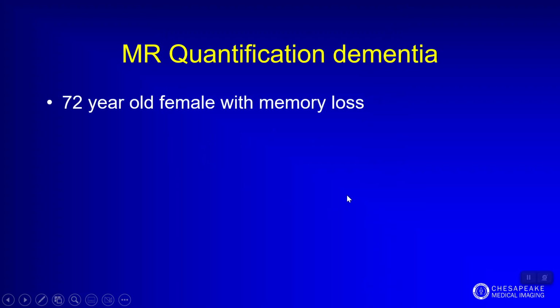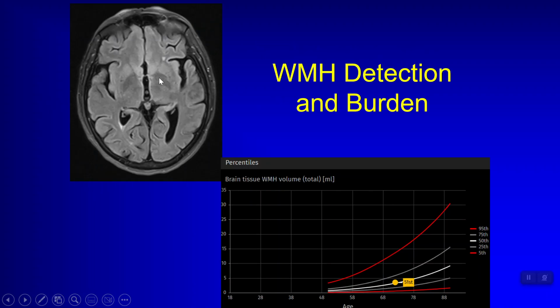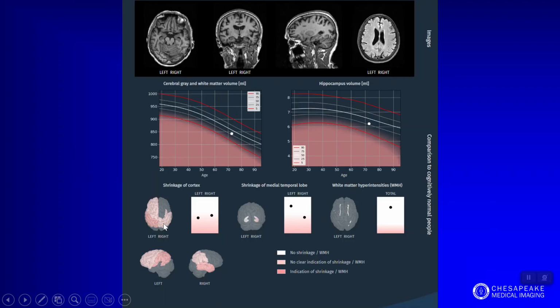This is a 72-year-old female with memory loss, few white matter foci, and relatively low burden of disease compared to age-matched controls. You can see where they score on their total cortical volume as well as their hippocampal volume, cortical gray and white matter volume.